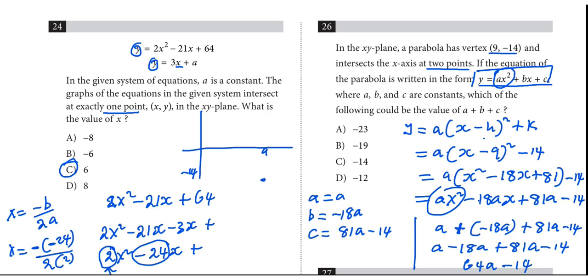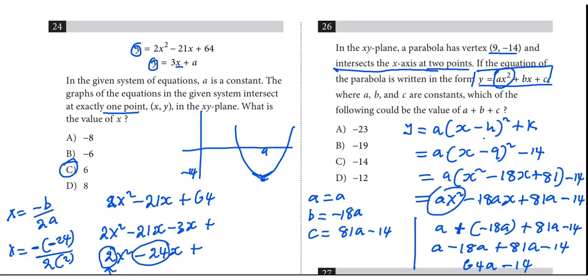And it says that the graph intersects the x-axis at 2 points, so that means it could show something like this. Okay, so this is a vertex, so it's concave up because it intersects.